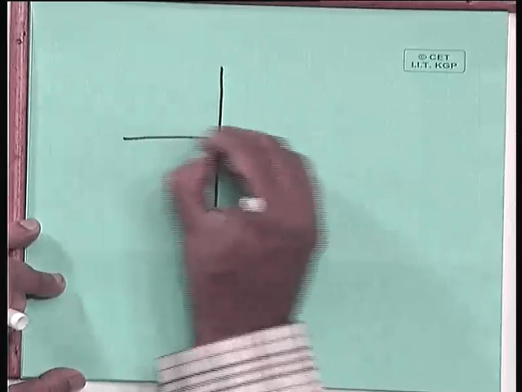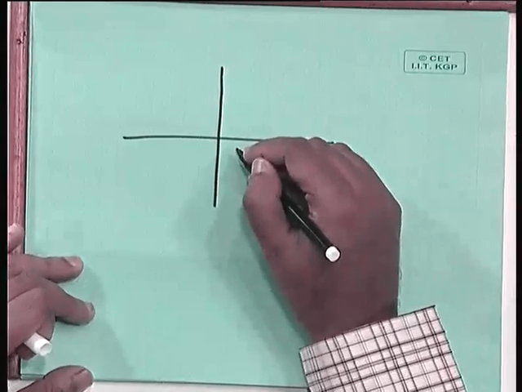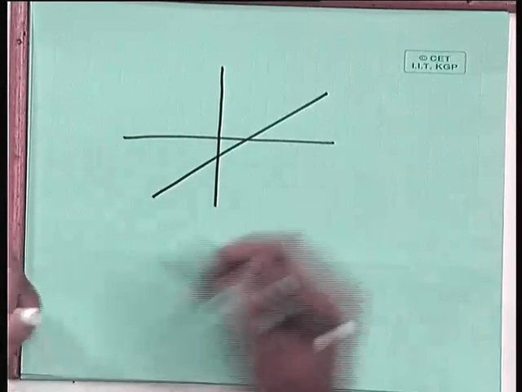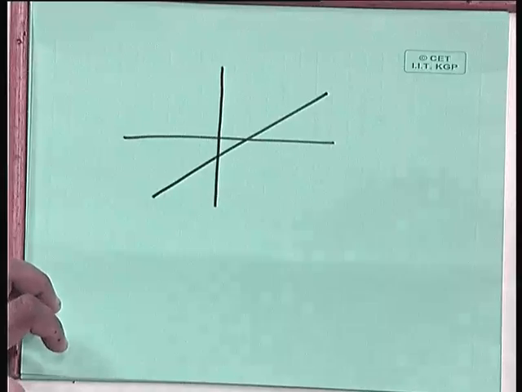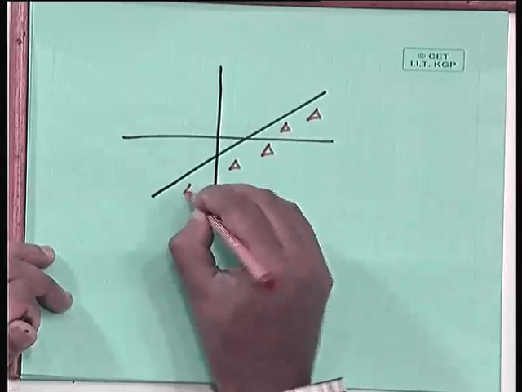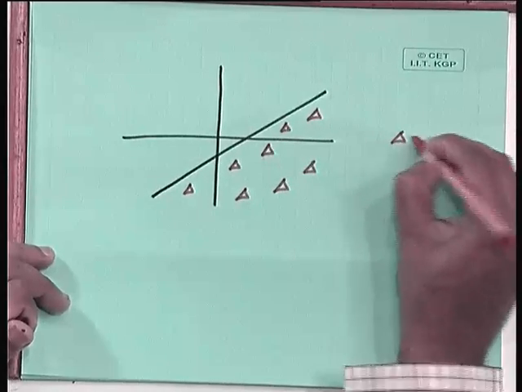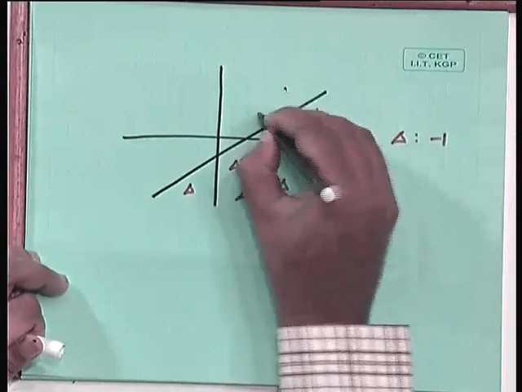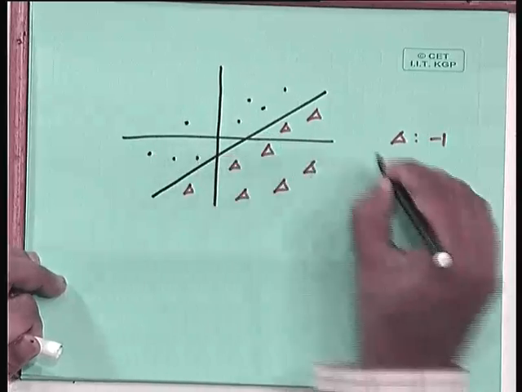Whereas with 0 intercept the function f passed through the origin, in this case with intercept the function will pass through the origin only in the special case when b is equal to 0. Otherwise, with some b it will go like this, so that on one side of the decision boundary we have all the patterns that give output equal to -1, and on the other side the patterns with output equal to +1.